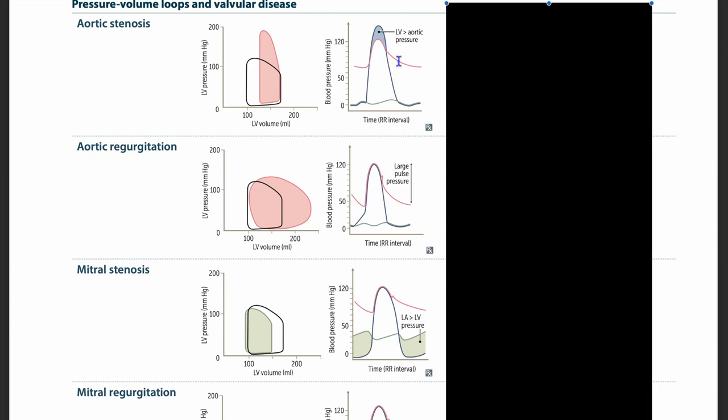So without looking at the slides, what do we know about the stroke volume to start off with? It's decreased here, right? We are talking about aortic stenosis. That's when the aortic valve doesn't open. So what's going to happen when it doesn't open as fast as it needs to? The stroke volume is going to decrease.